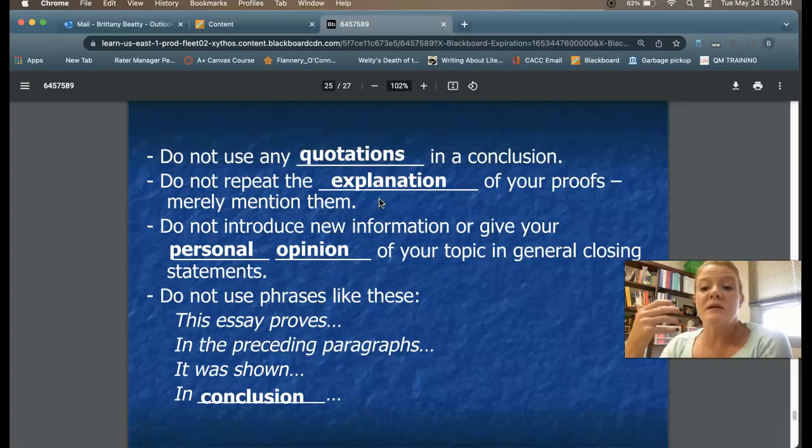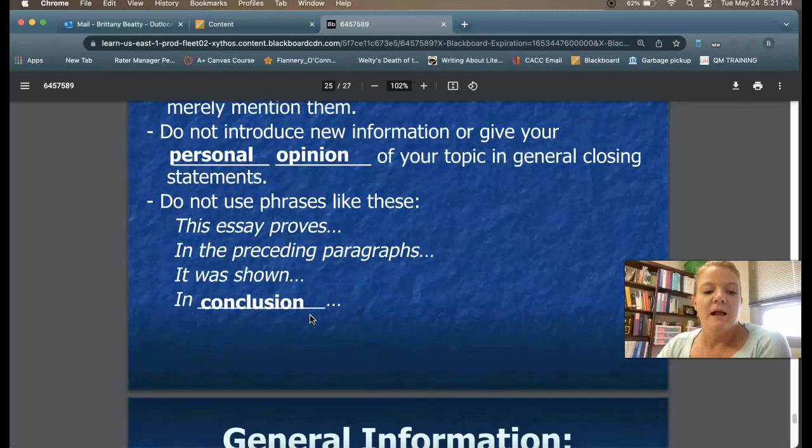Now, your personal opinion is weaved throughout, but you're not saying, in my opinion, yada, yada, yada. You're summarizing your explanations and your commentary here. And you never want to use phrases like, this essay proves, or it was shown, or in conclusion. You want to stay away from those things.